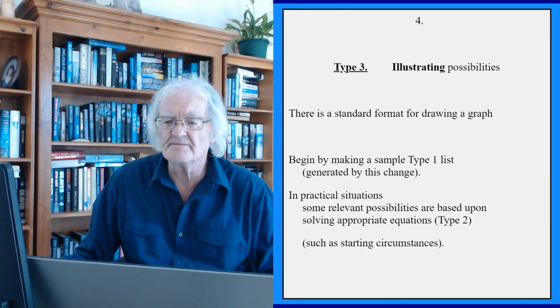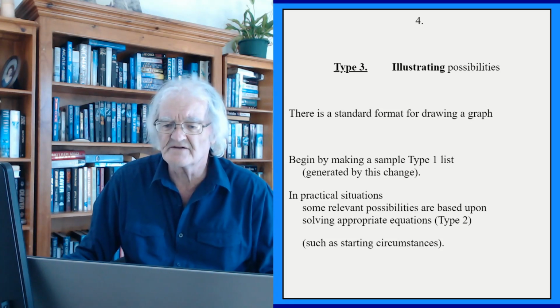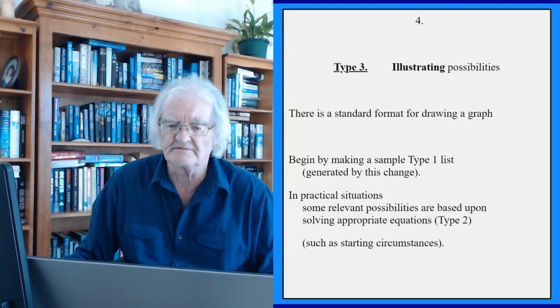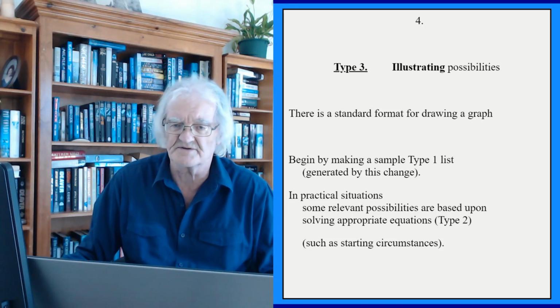The third type is illustrating possibilities. There's a standard format for drawing a graph. Begin by making a sample type 1 list generated by this change. In practical situations, some relevant possibilities are based on solving appropriate equations.